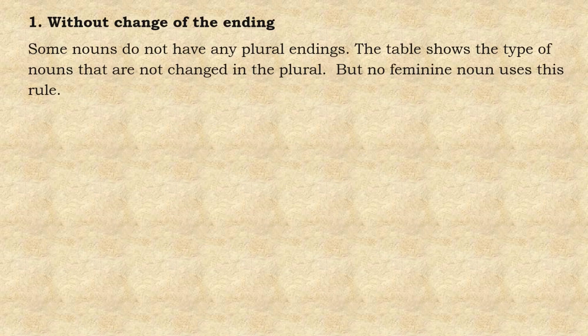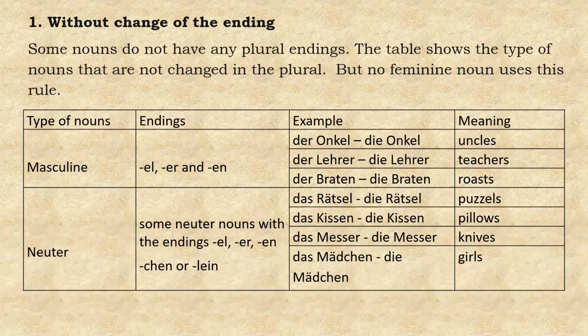Some nouns do not have any plural endings. The table shows the type of nouns that are not changed in the plural, but no feminine noun uses this rule. Masculine nouns ending with el, er and en. For example, der Onkel, die Onkel, der Lehrer, die Lehrer, der Braten, die Braten.